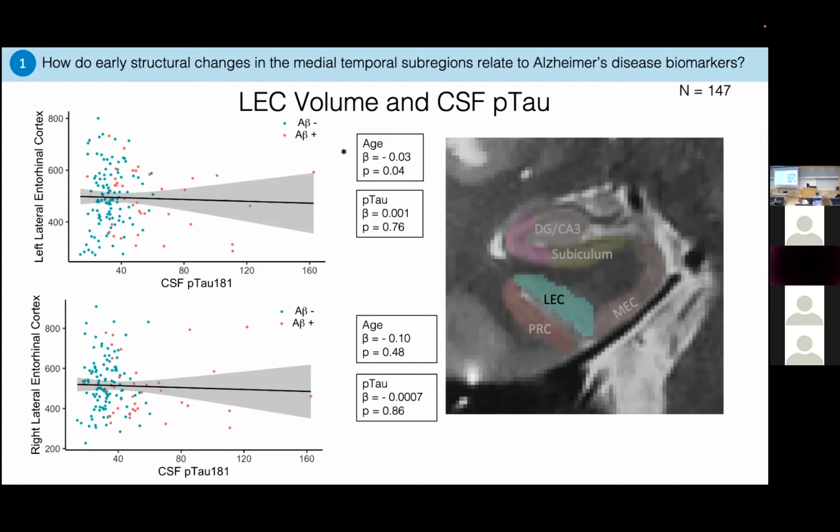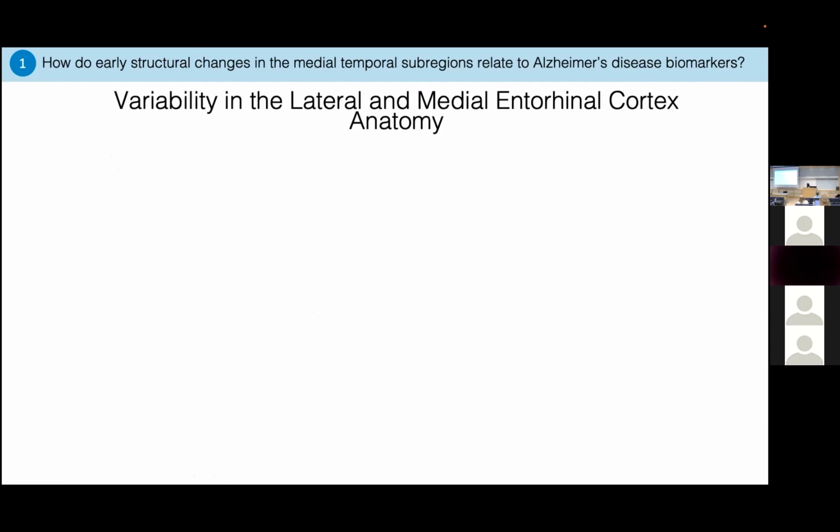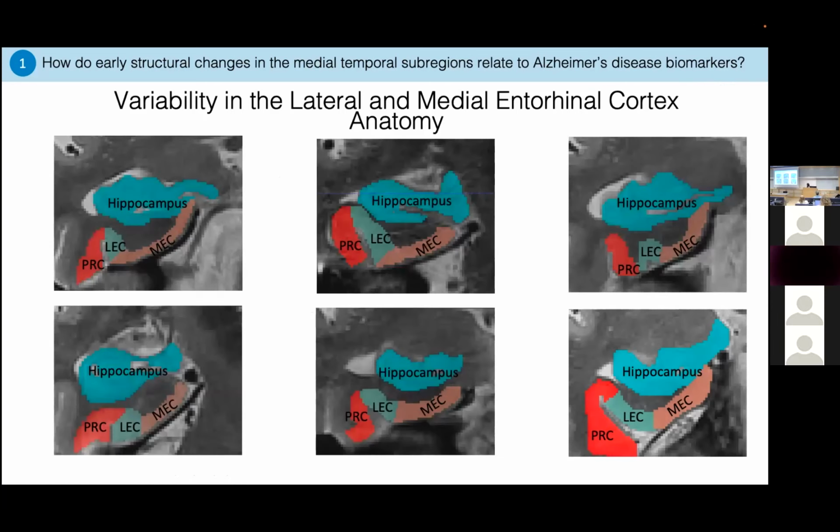And so if we actually look at the spread of our data here, you can see that the lateral entorhinal cortex volume spreads pretty widely between 350 and 800 cubic millimeters. When I was going back and looking at this variability in the lateral and the medial cortex anatomy, you can see that because of the depth of the collateral sulcus, there's just going to be a large amount of variability across all our participants.